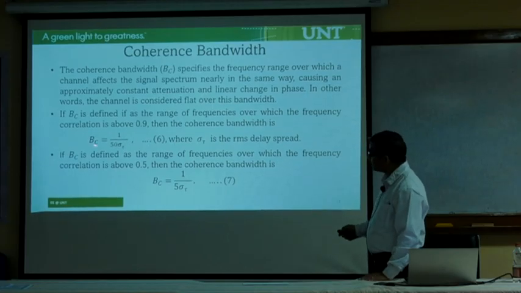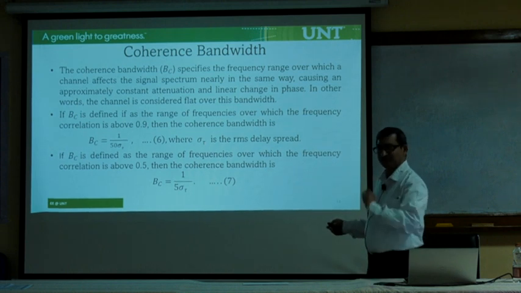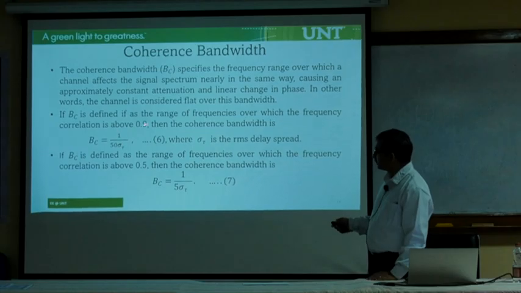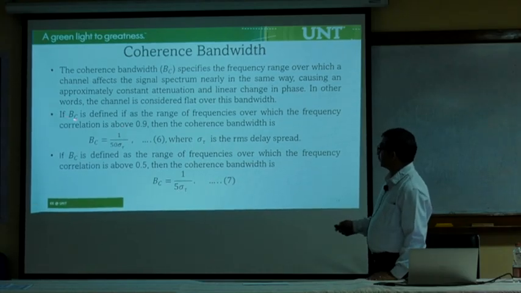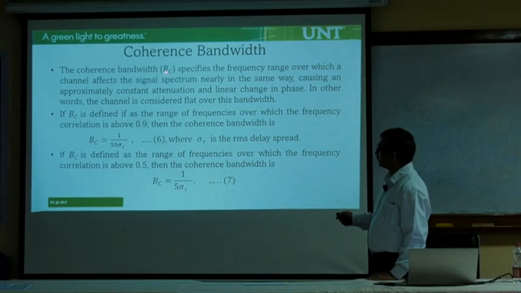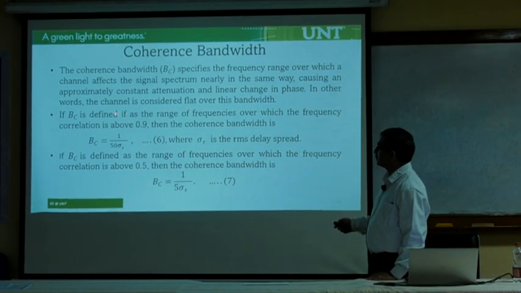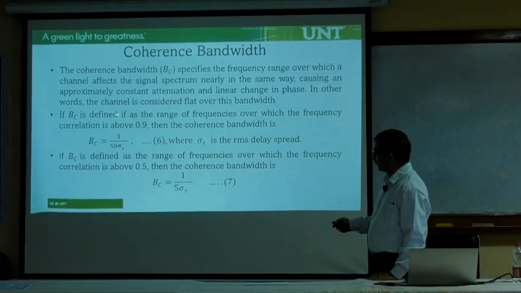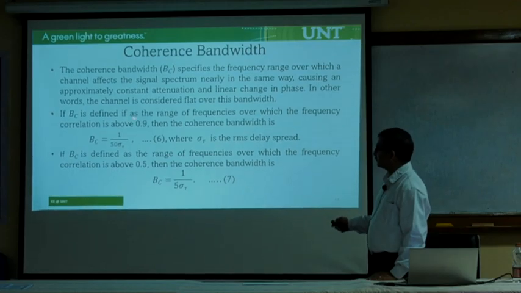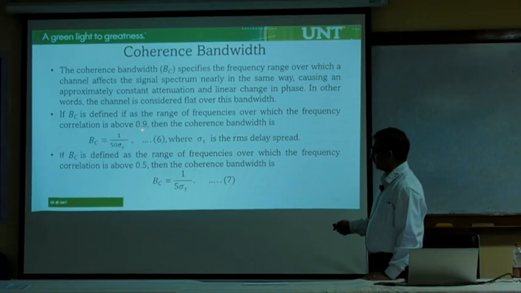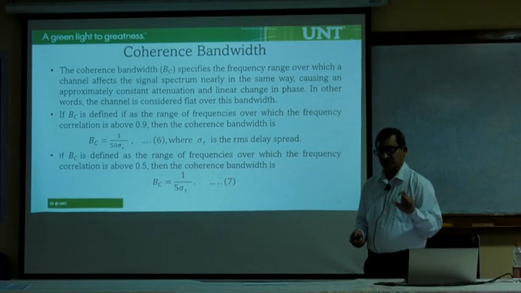So for example, this is the connection. We learned about delay spread just now, right? Now you don't have to do anything more. You can say, with some assumptions, if BC or coherence bandwidth is defined as the range of frequency over which the frequency correlation is above 0.9, that means you are giving a threshold.